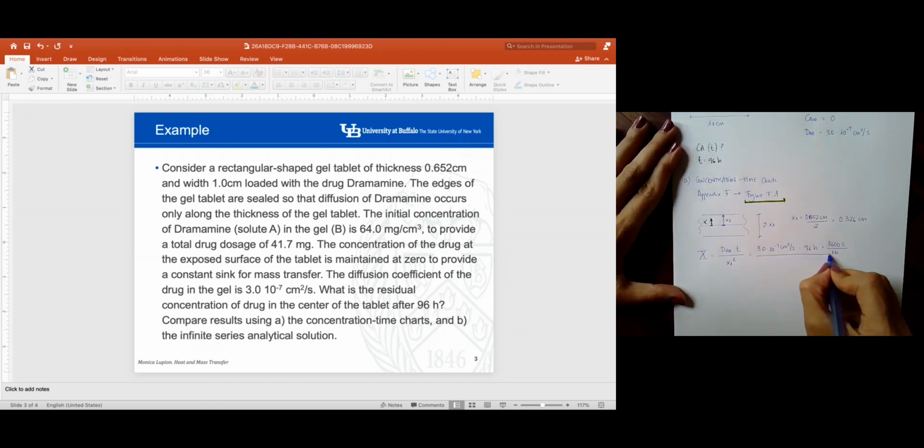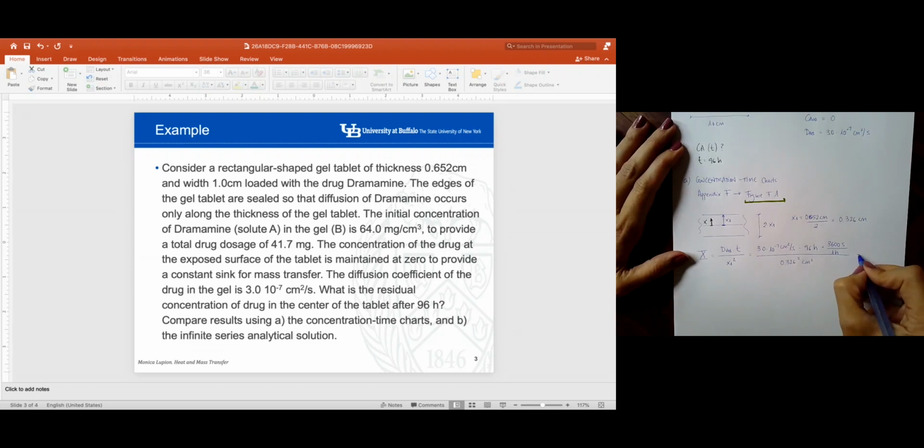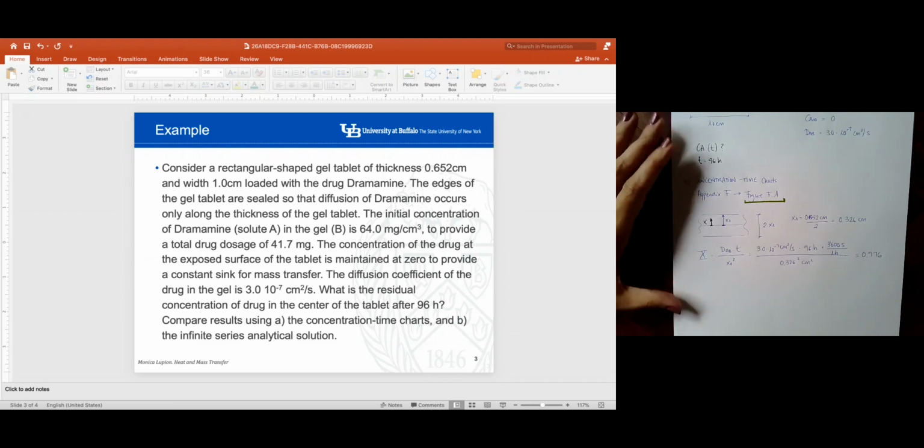And this is divided by x1, which is 0.326 centimeters, squared. X doesn't have any dimension. That's why you need to make sure that all the units are consistent. So you do the calculations here, and this is equal to 0.976. Okay.